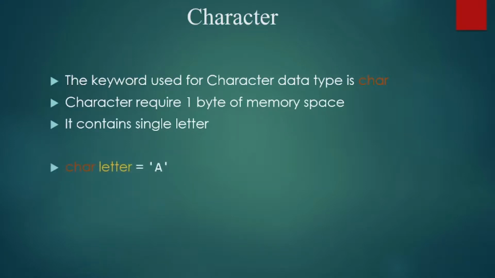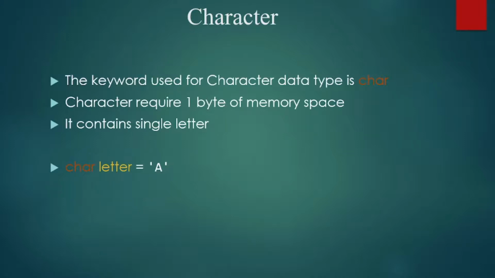Let's take a look at the example. To represent a character, you have to write char, C-H-A-R. After that, you have to create one variable. As I said, you can give any name. Here I'm giving the name letter. And to write this character, you put the character inside single quotes.